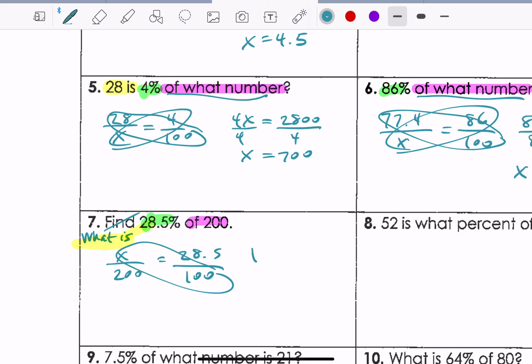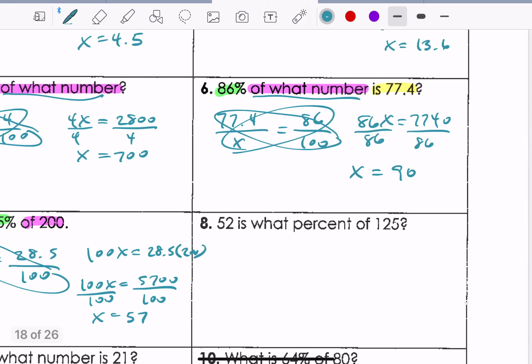So set it up, 100x equals 28.5 times 200. That simplifies to be 100x equals 5,700. Divide both sides by 100. X is equal to 57. So 57 is 28.5% of 200.